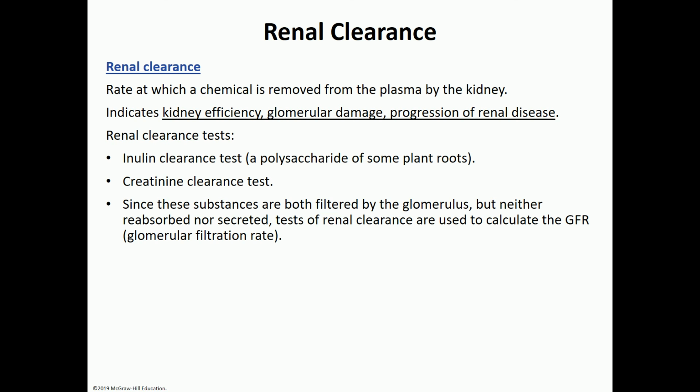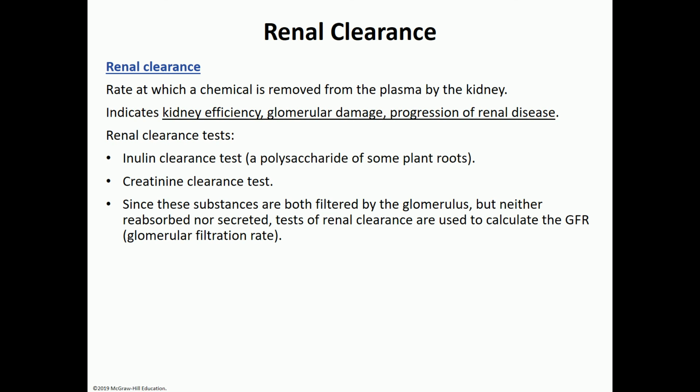And there are different renal clearance tests that are used. There's an inulin clearance test. Inulin is not a normal product that we have in the body. It has to be given to the patient. It is a polysaccharide that is found in the roots of some plants. Creatinine clearance test, though, is the most common test to be done because, again, creatinine is normally produced in the body.